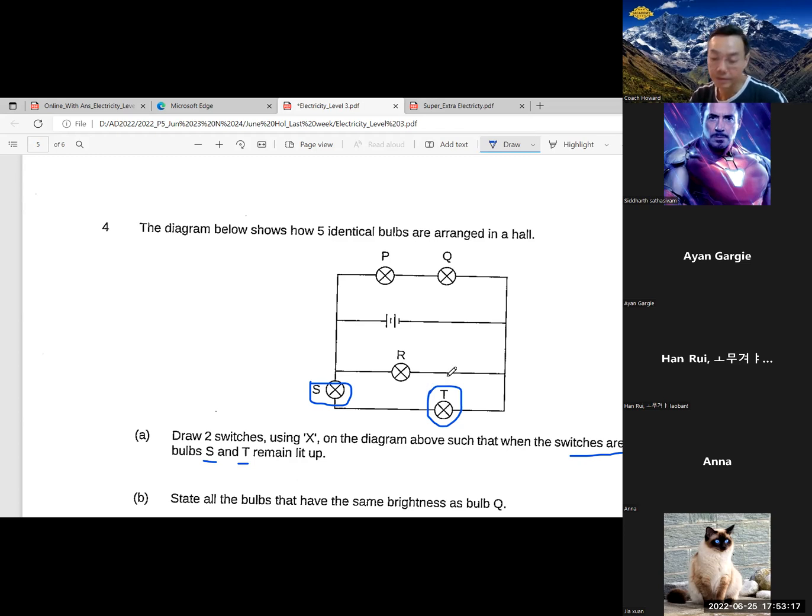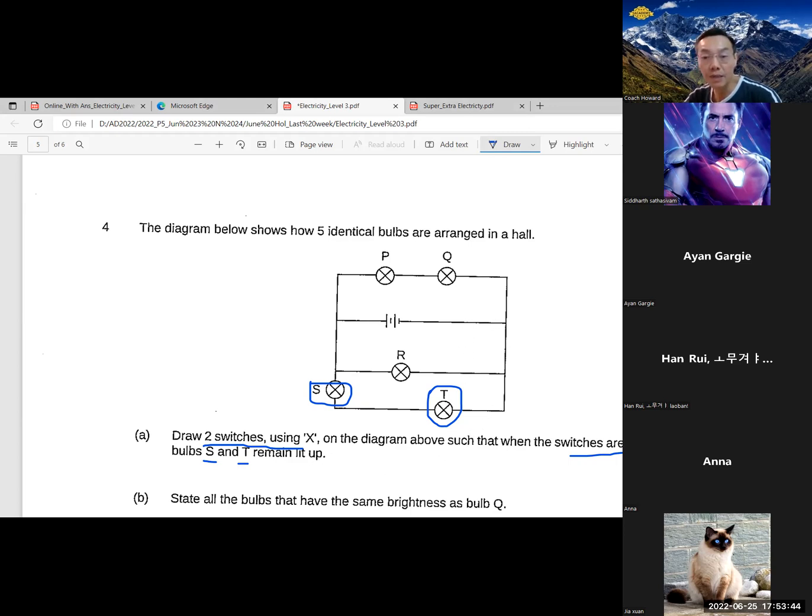So you're supposed to draw 2 switches using X, such that when the switches are open, that means the switches will not affect these 2 bulbs. So the switches should not be on the path where the current flows through S and T when they're open.